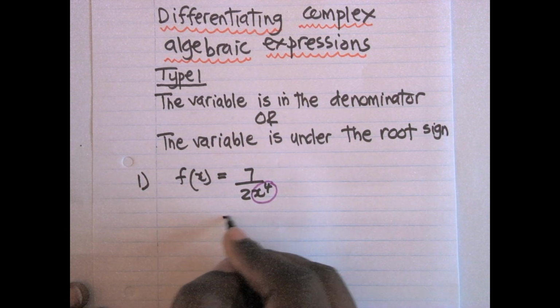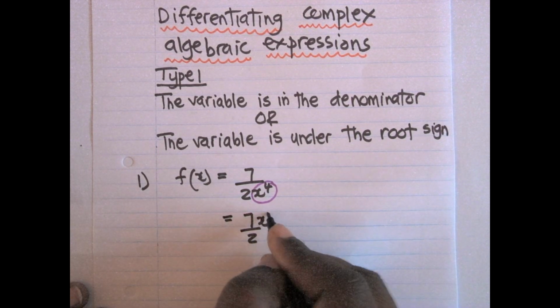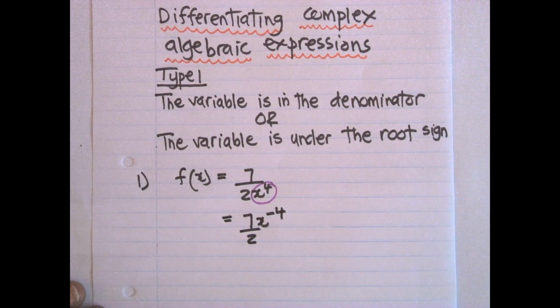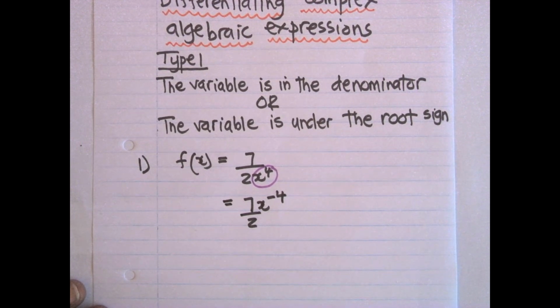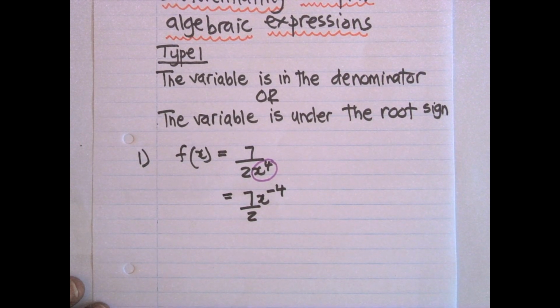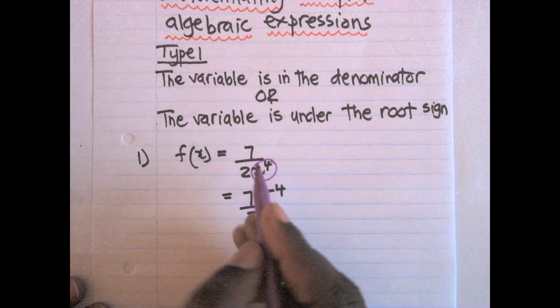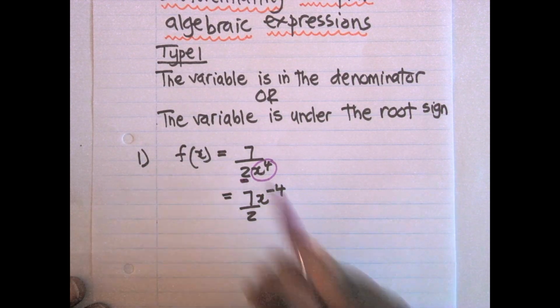So this becomes 7 over 2 x to the power of negative 4. Once I have written it like this, then I can proceed to apply the rules of differentiating. But before I apply the rules of differentiating, I want to point out to you that every time we have a scenario like this, we are not interested in the number there.